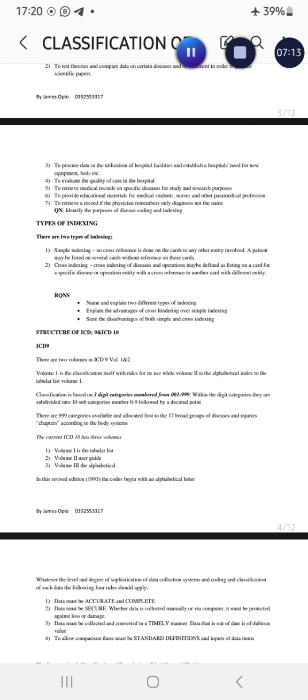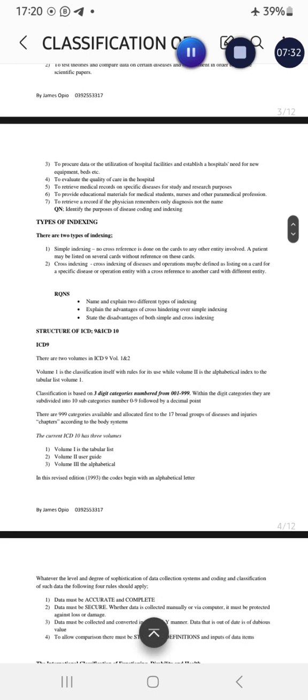Why? Because in most cases, a patient might have been seen in different departments with different complaints, and different services have been given to such a patient, which means there is a need to refer and find out other codes that have already been given for certain diseases, problems, conditions, operations and other procedures that have been performed in other departments, so that you can understand, because all of them are supposed to be brought together in a listing.